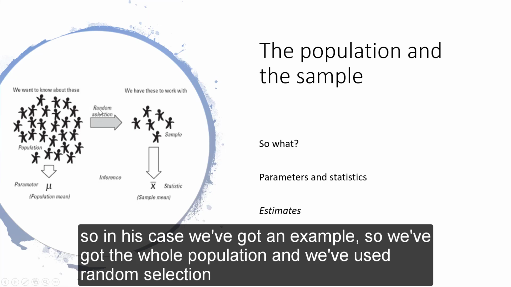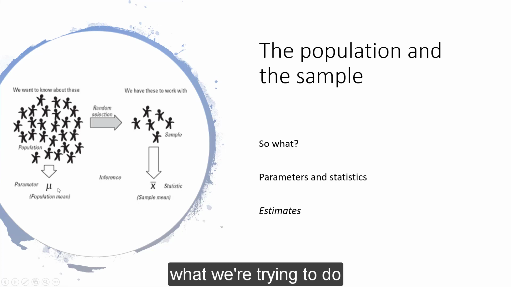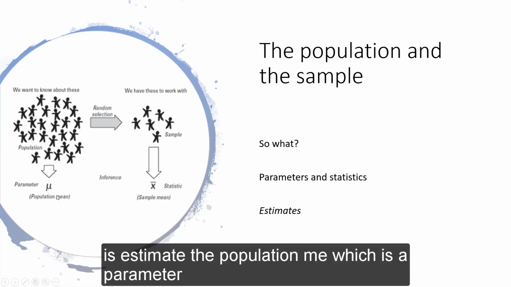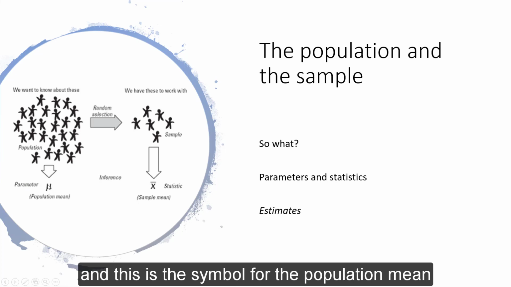So we've got the whole population. We've used random selection to select out these individuals. This is our sample. So whatever we generate here, for example, our sample mean, is called a statistic. What we're trying to do is estimate the population mean, which is a parameter. So in a population, we talk about parameters, and this is the symbol for the population mean.